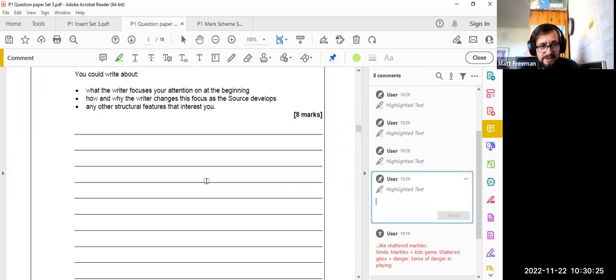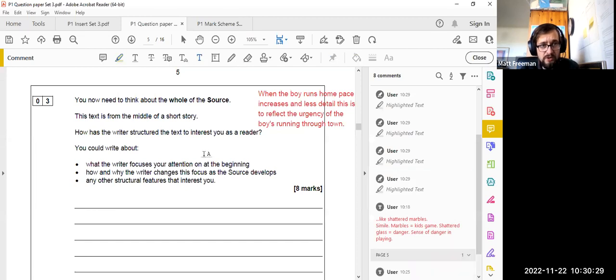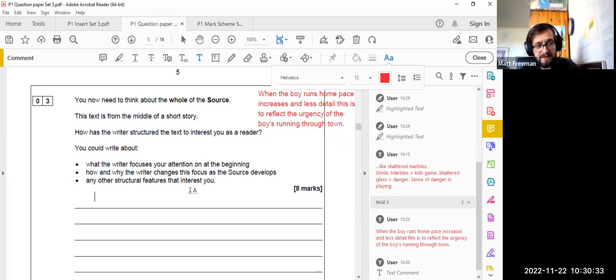Now, question 3 is a bit different because for question 3, I need to deal with the whole source. So looking back at it, I need to identify what the important focus shifts are. And I have identified three here. So we're looking at three paragraphs, right? Focus on the game at the beginning, right?